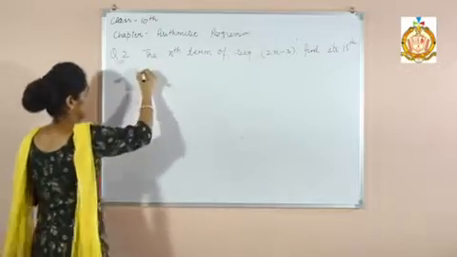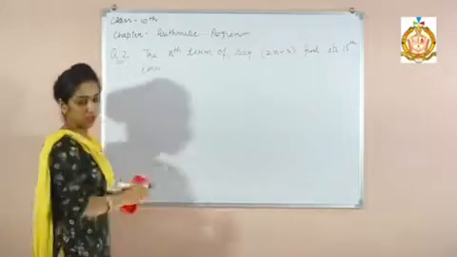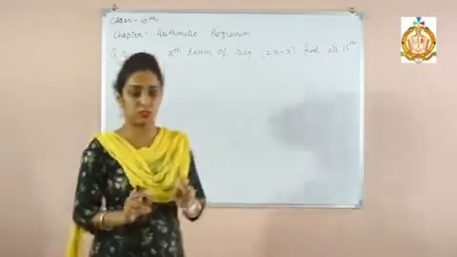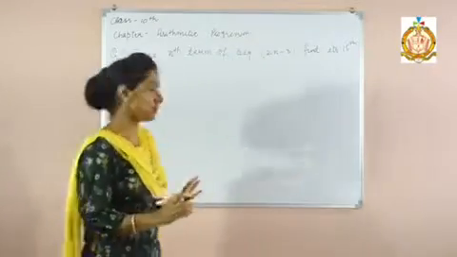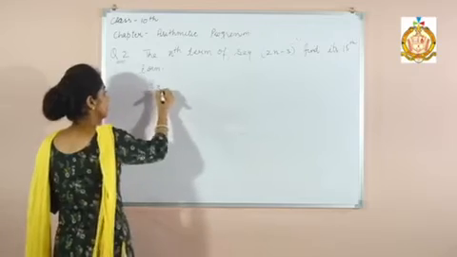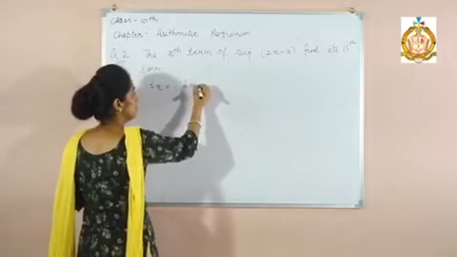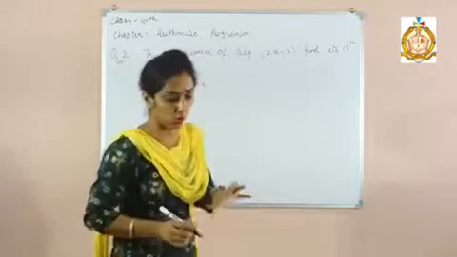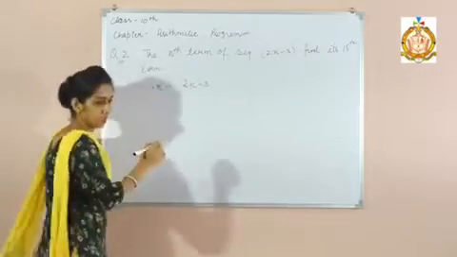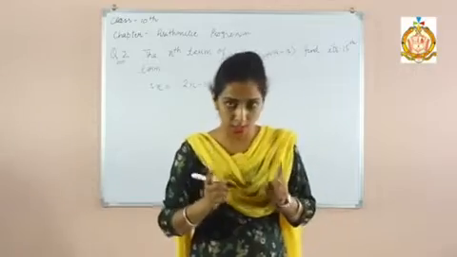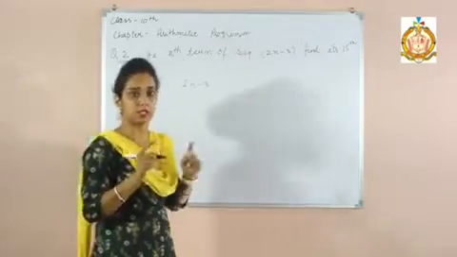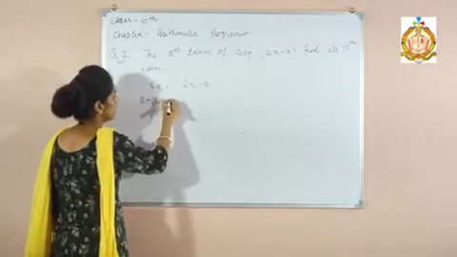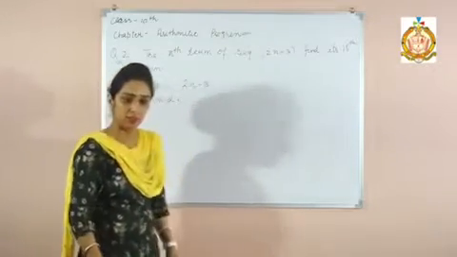The nth term of the sequence is given, meaning Tn is equal to 2n minus 3. This is a general term, right? Now what is the formula of the general term? That is a plus (n minus 1) into d, right?